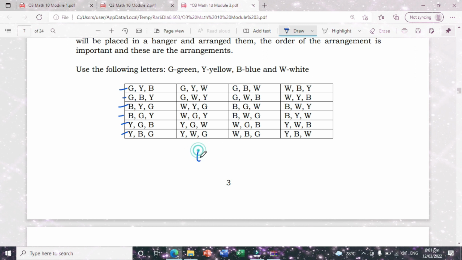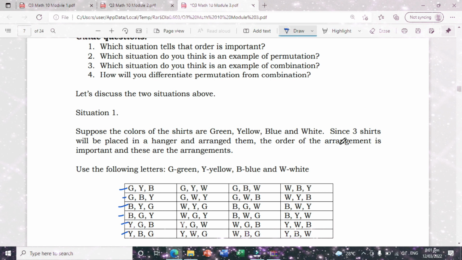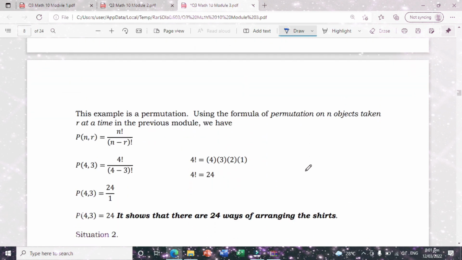So, 6 times 4 equals 24. So, 24 lahat yung ways na ma-arrange natin yung 4 na shirts. Pero, 4 lang yung pwede natin i-hang. Yan, 24. So, this example is a permutation.